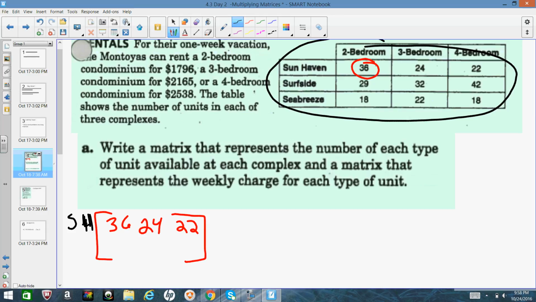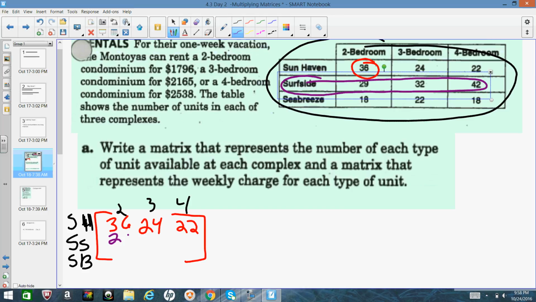I'm going to have Surfside, so I'm going to put SS. And Seabreeze, which is SB. And these are going to represent 2, 3, and 4 bedrooms. So now, if I look at the Surfside, 2, 3, and 4, I would have 29, 32, and 42. If I look at the Seabreeze, I would have 18, 22, and 18. So that would be for the units that are available.